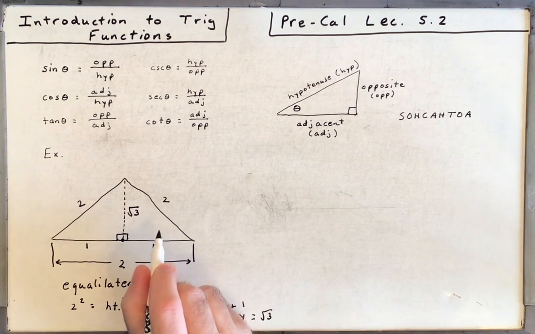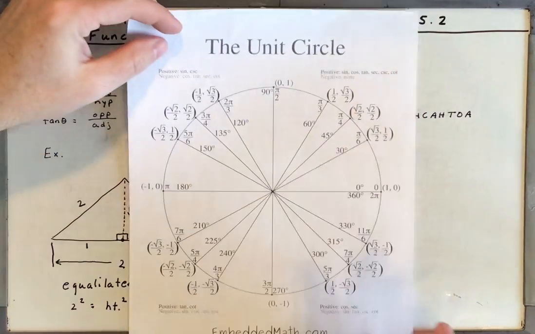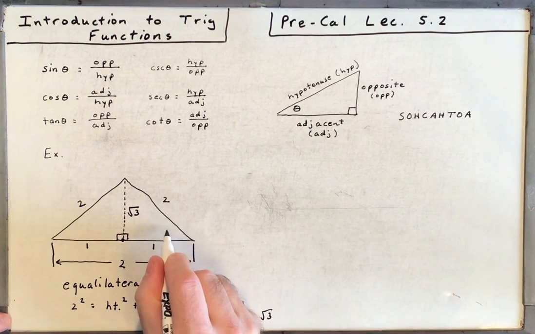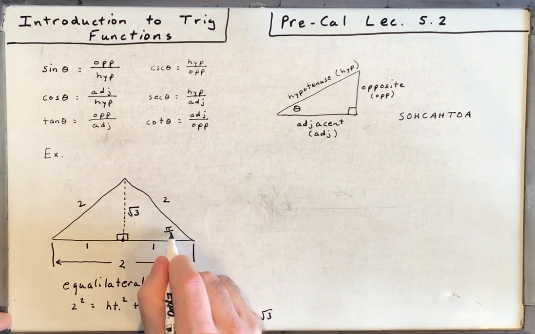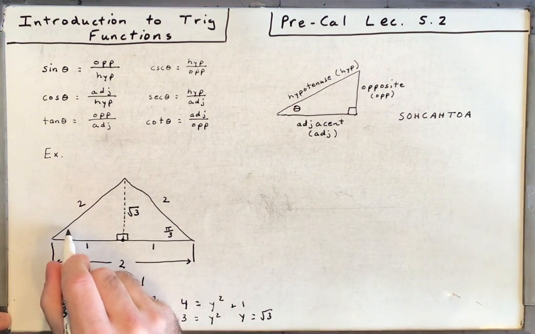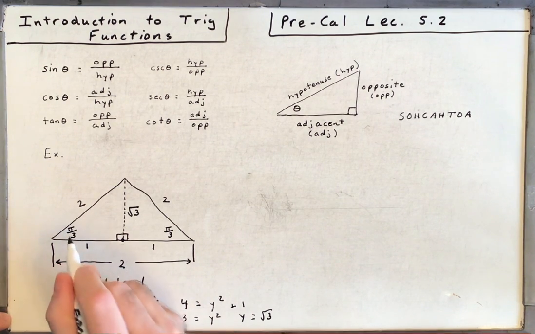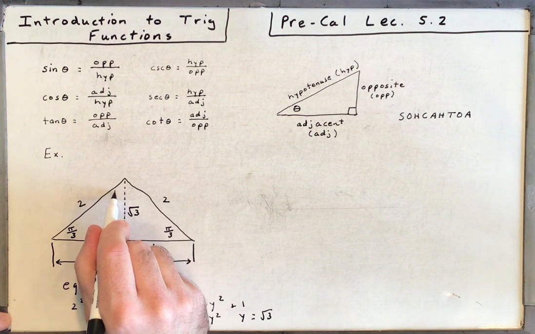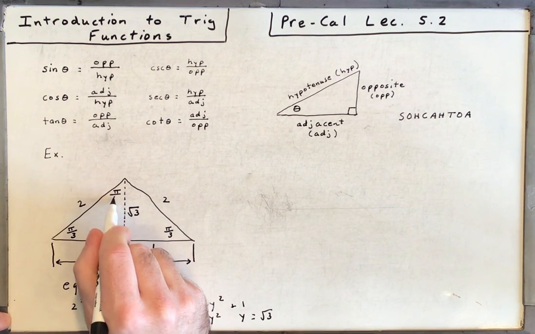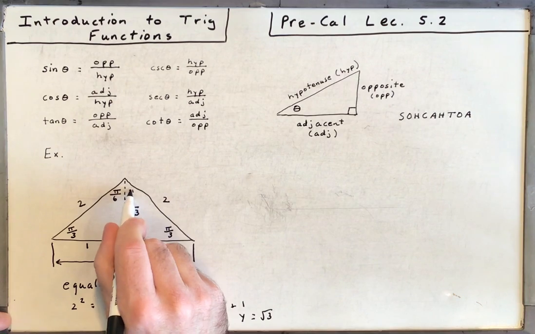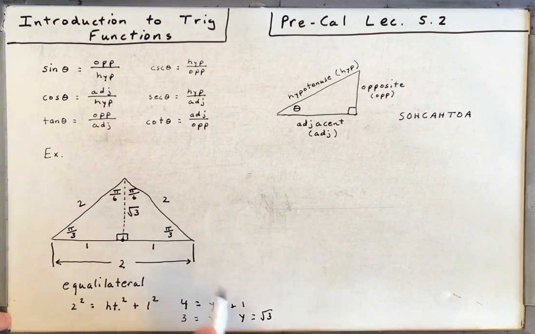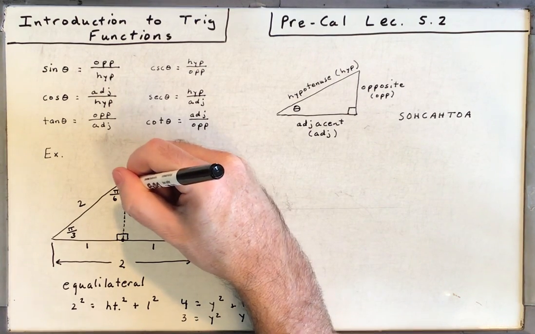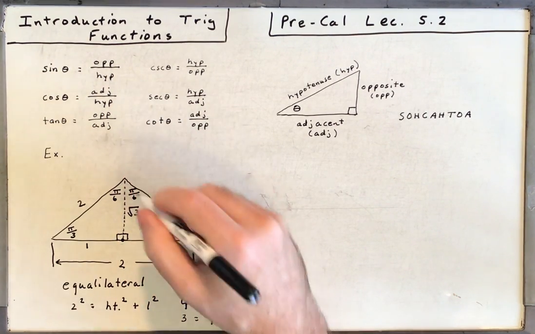In radians, 60 degrees is pi over 3. So I've got pi over 3 here. This whole thing is pi over 3. If we split that in half, I've got pi over 6.